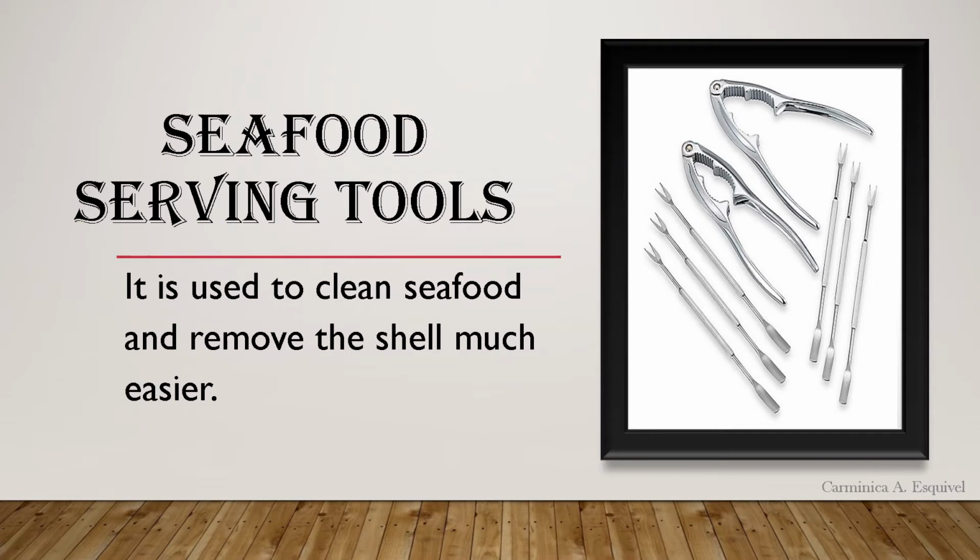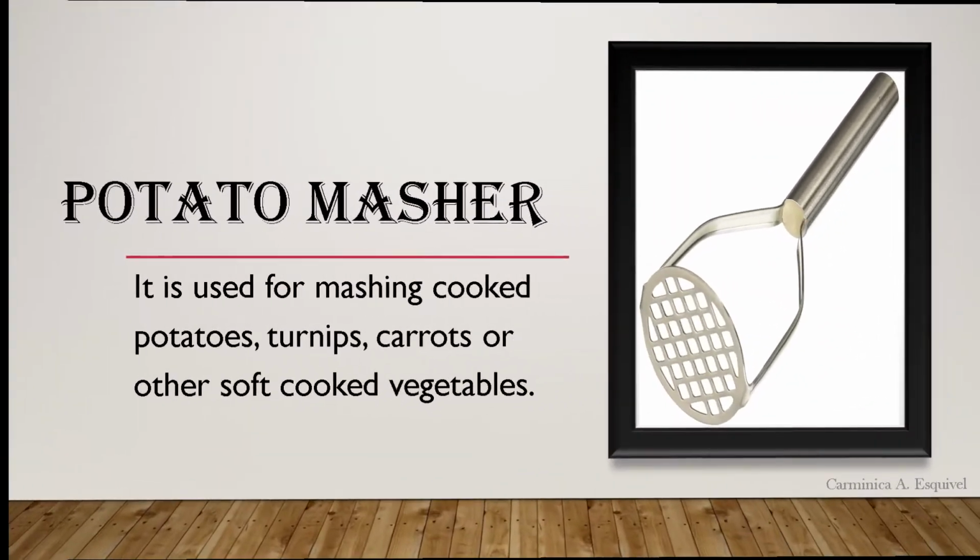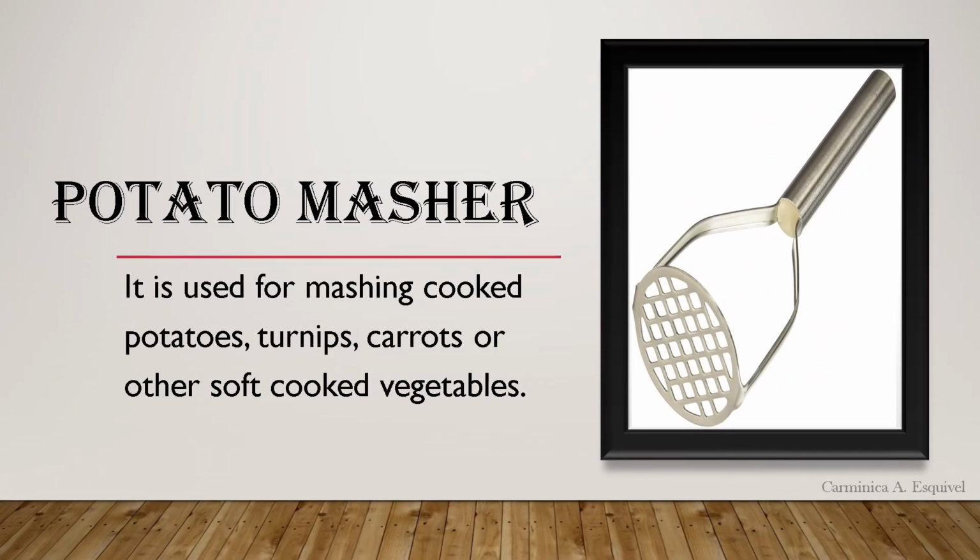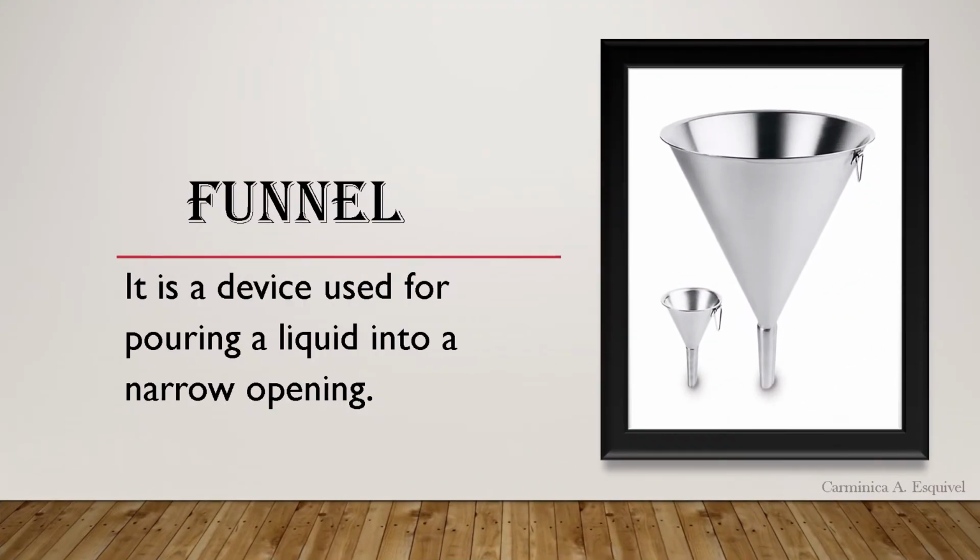Seafood serving tools. It is used to clean seafood and remove the shell much easier. Potato masher. It is used for mashing cooked potatoes, turnips, carrots, or other soft-cooked vegetables. Funnel.